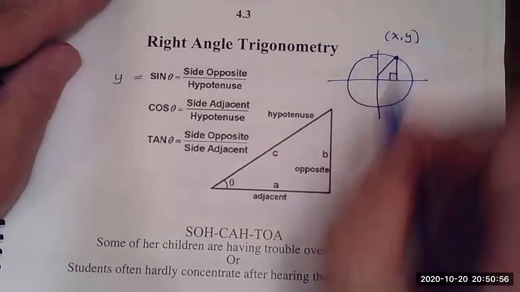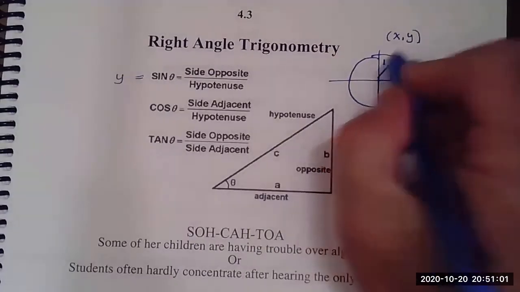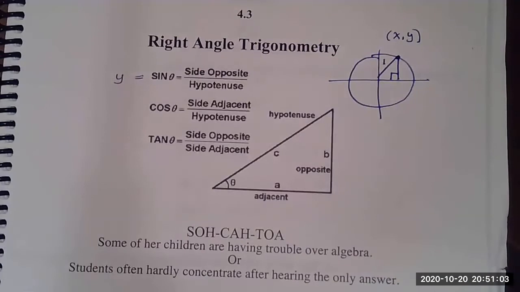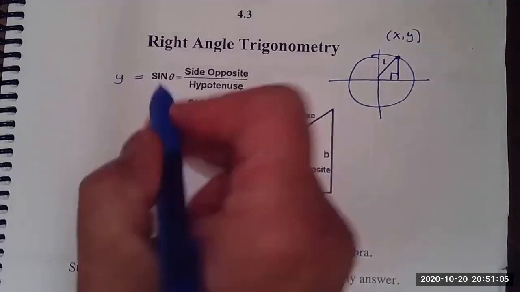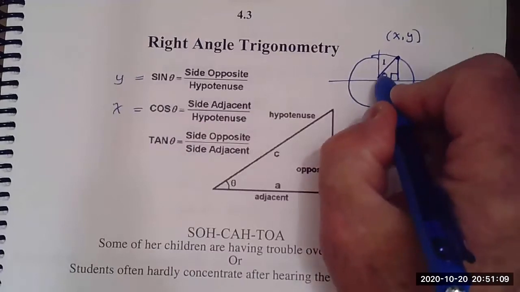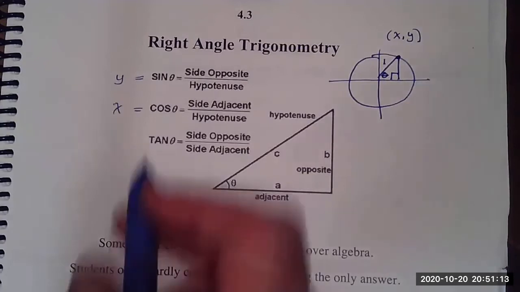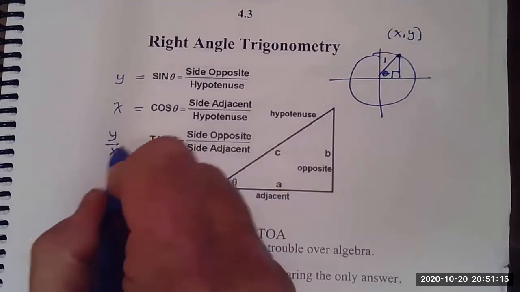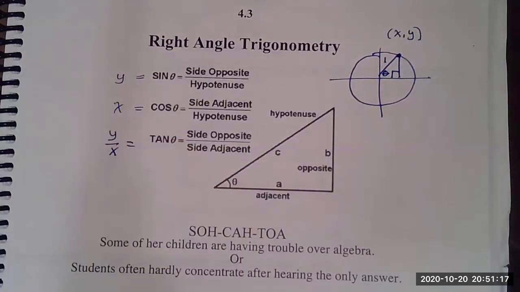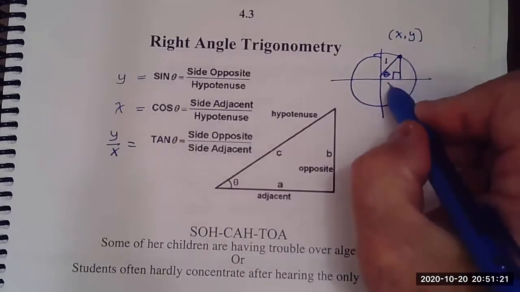Whatever that point is on a unit circle with a radius of 1, the x value is the cosine at that angle theta, and the y would be the sine, where the tangent is y over x. And you can see I've got a unit circle, meaning a radius of 1. Here's your x, here's your y.